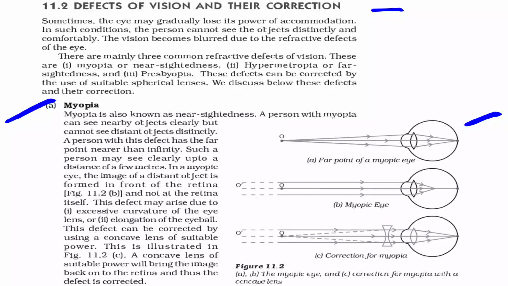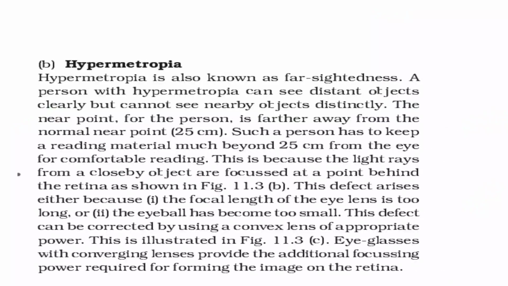This is illustrated in figure 11.2 C part. A concave lens of suitable power will bring the image back onto the retina, and thus the defect is corrected.